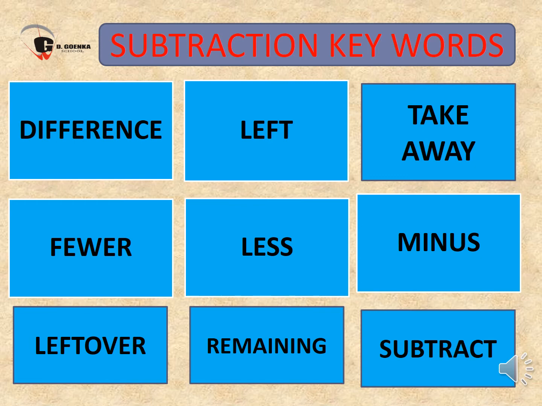Difference, left, take away, fewer, less, minus, leftover, remaining, and subtract. Let's read it one more time. The keywords: difference, left, take away, fewer, less, minus, leftover, remaining, and subtract.